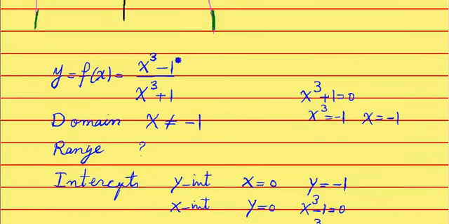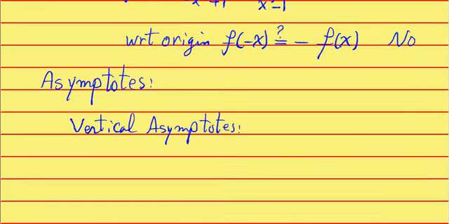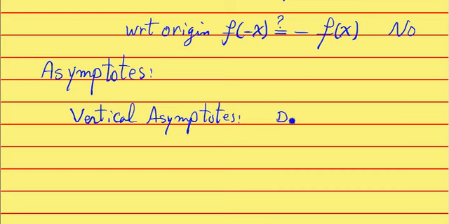Double check. Here's our function. If you divide by 0, you cause vertical asymptotes. That happens exactly at the point that you're excluding from your domain. So here is our answer. For vertical asymptotes, we set the denominator equal to 0. It's x cubed plus 1 equal to 0. That tells you x equals minus 1 is the vertical asymptote.